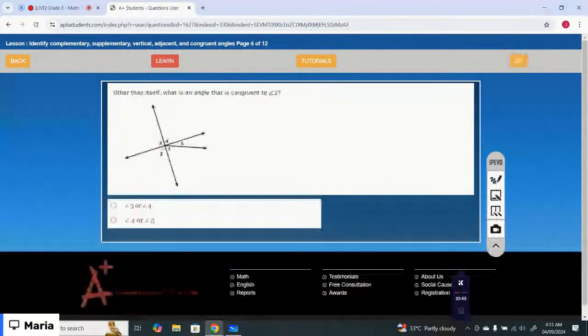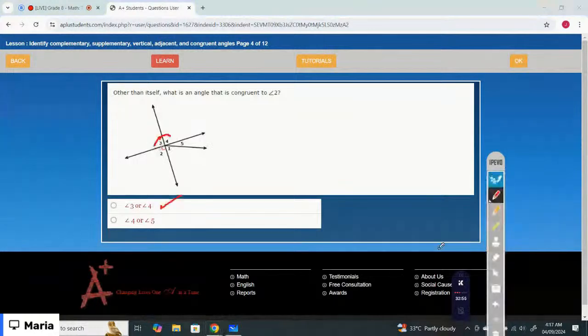Other than itself, what is an angle that is congruent to angle 2? So here is angle 2, right?